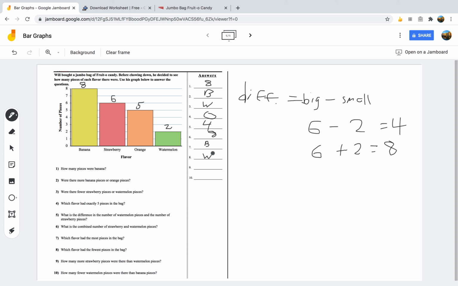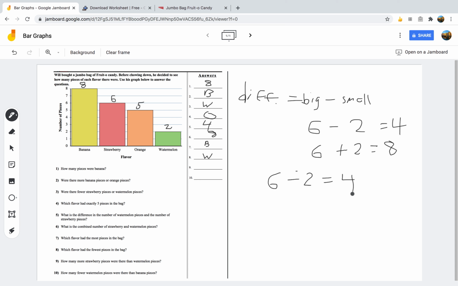How many more strawberry pieces were there than watermelon pieces? To answer that, it's kind of tricky because it's asking you the same thing as number 5. We have 6 strawberry pieces and we have 2 watermelon pieces. How much bigger is 6 than 2? That's basically what the question is asking. To find how much bigger 6 is than 2, we would simply subtract the big number minus the smaller number and we get 4.